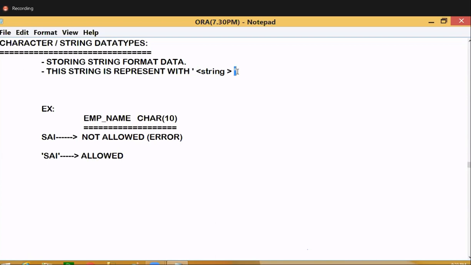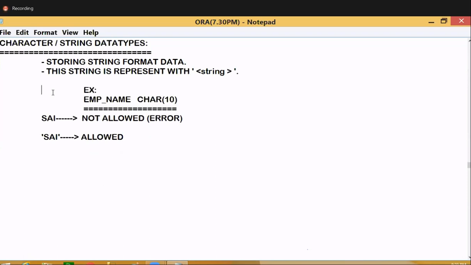This is the database string representation. By seeing this example you can understand that a character data type stores string format data only.